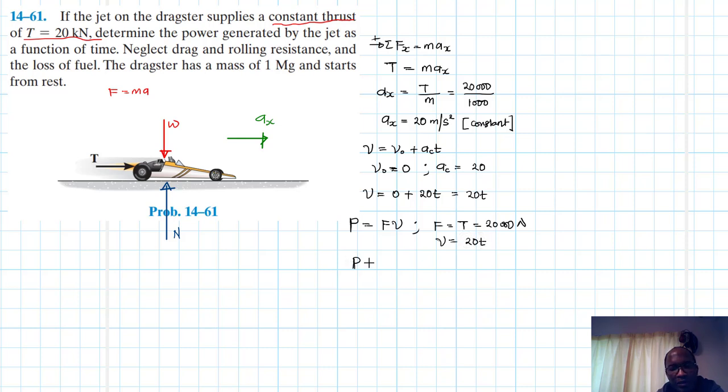Therefore, power will be equal to 20,000 times 20t, which is 400,000 t, and therefore P is equal to 400t kilowatts, where t is in seconds.